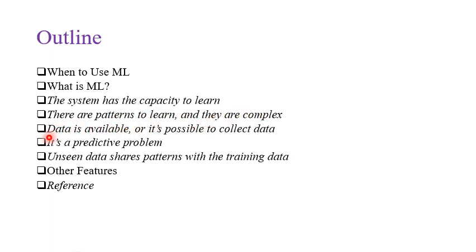We use machine learning when data is available or it's possible to collect data. It's a predictive problem. Unseen data share patterns with the training data, and we also discuss other features and other situations that we need to use machine learning. And finally, I will present the references.